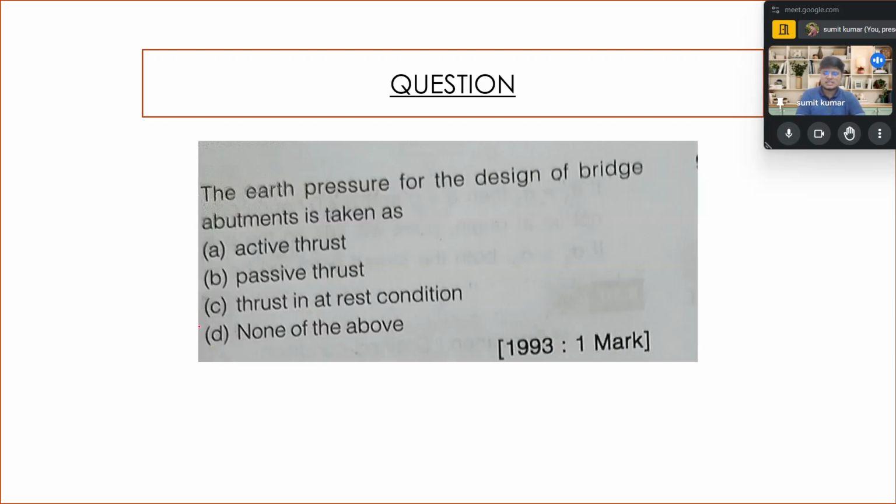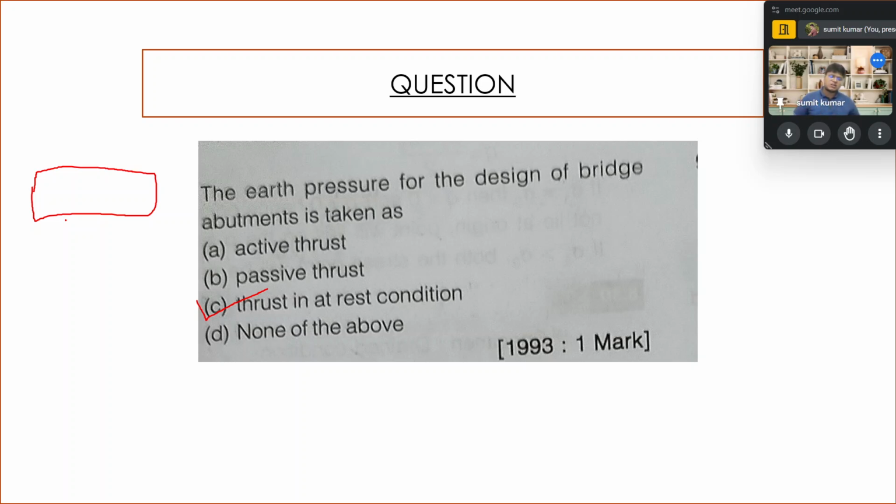Sorry, option C, that is the thrust at the best condition. Because when we are going to construct any bridge abutment on the specific sections or the supports which are there, there is soil around and there is no that type of pressure.